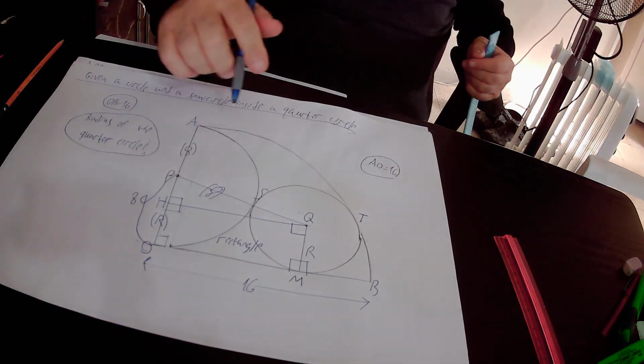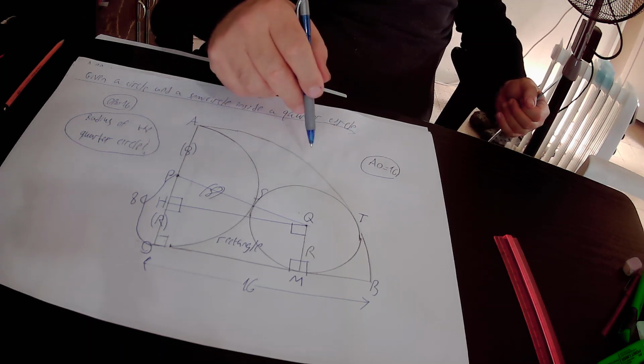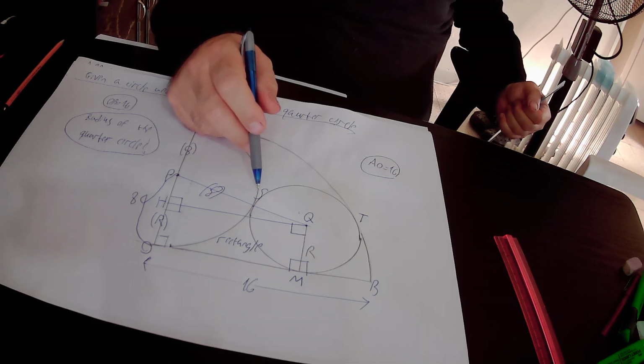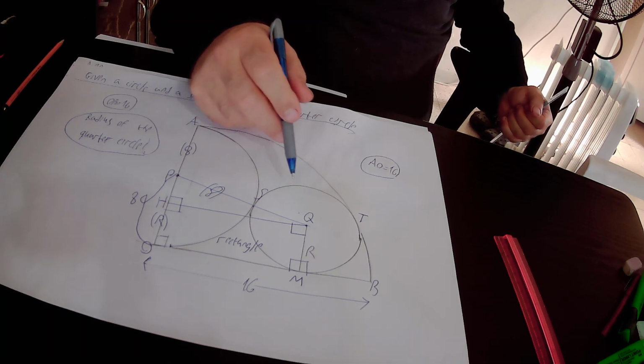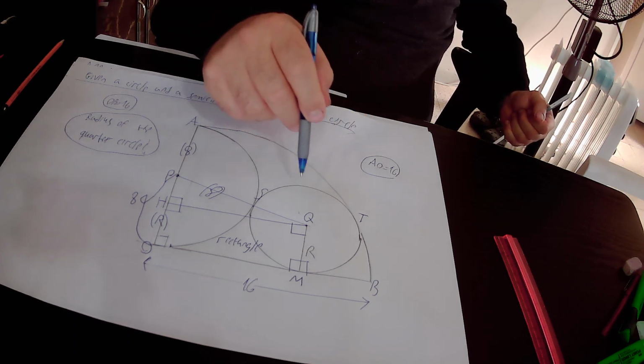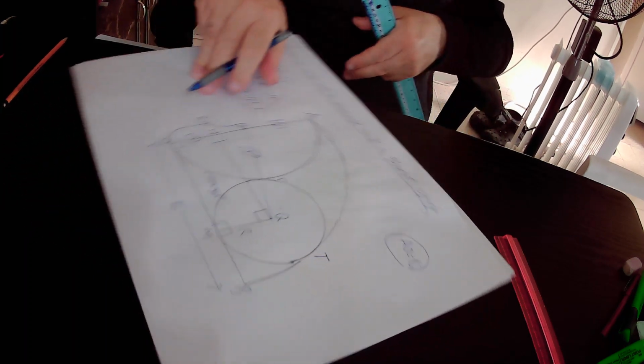What is the definition of line segment QS? Line segment QS starts from point Q, that is the center of this small circle, and ends at point S, that is the point in the small circle itself. So this is exactly the definition of a radius. Therefore, QS is the radius of this small circle that is equal to R. R is the radius that we are looking for in this question.